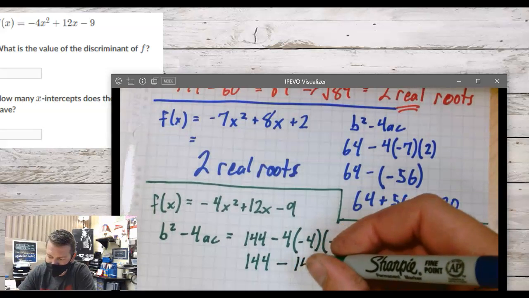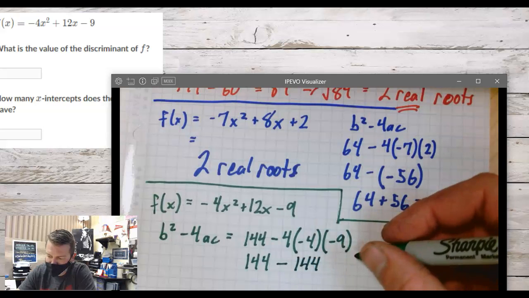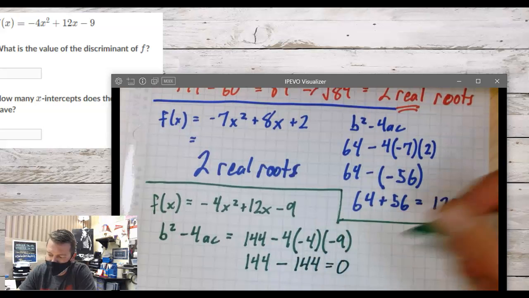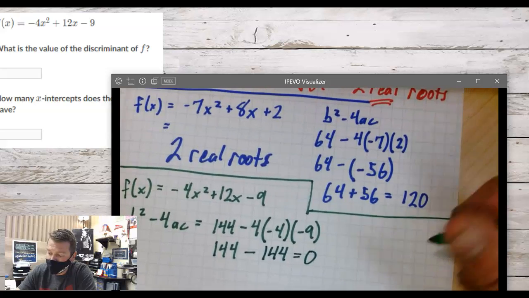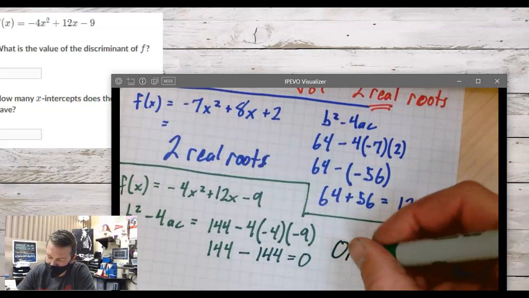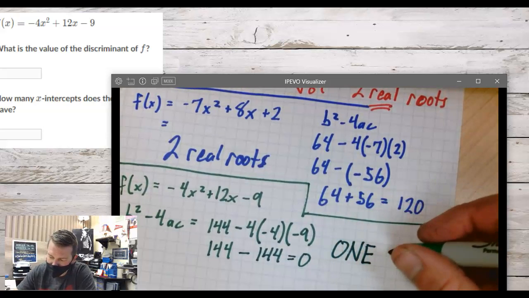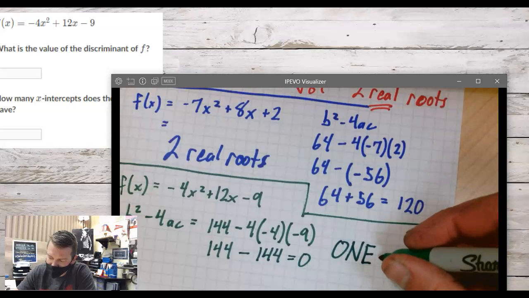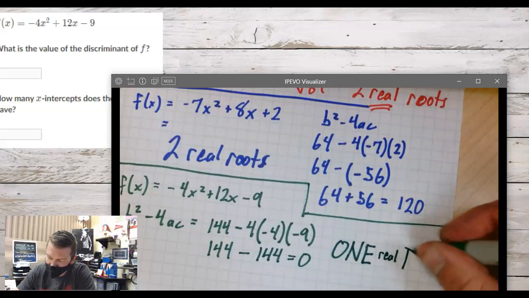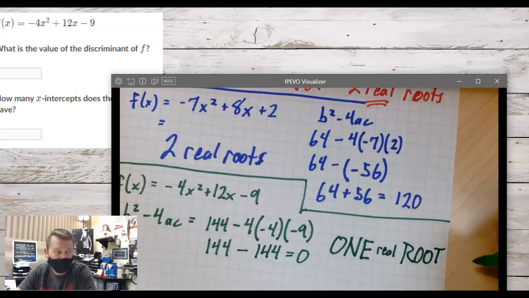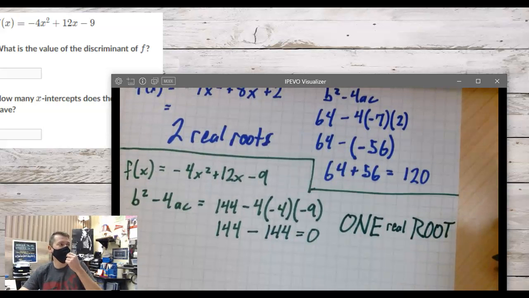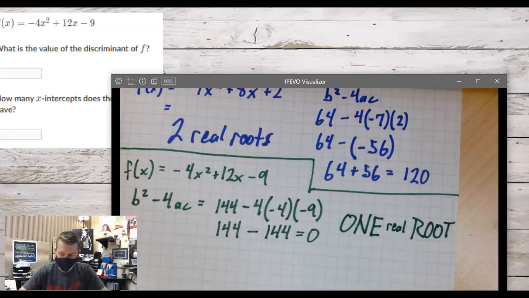Ooh. 144. Which is 0. Which means there is 1, uno, singular, 1 real root, right? 1 real root.